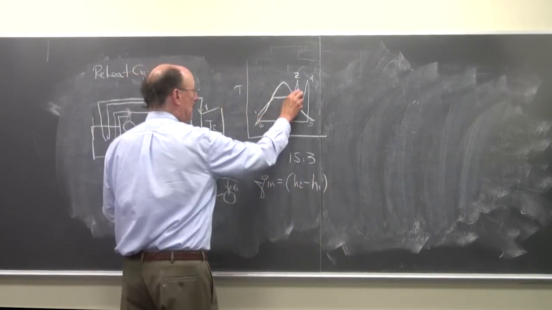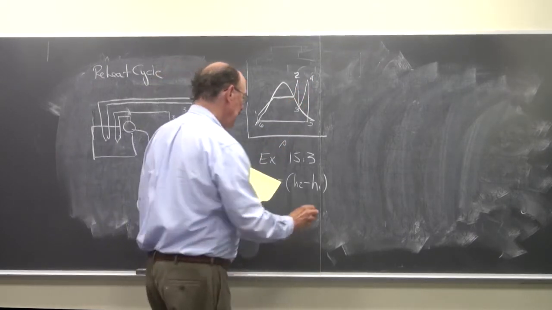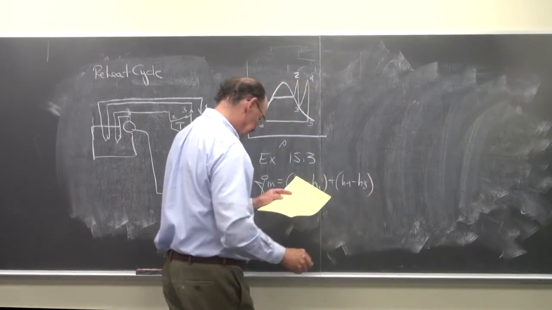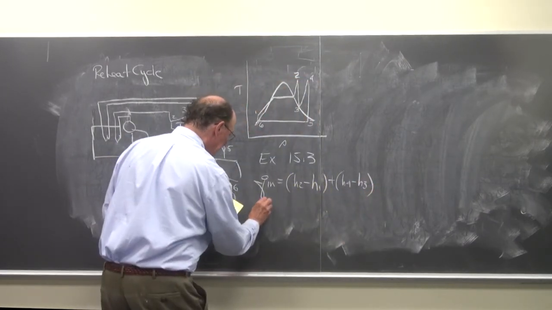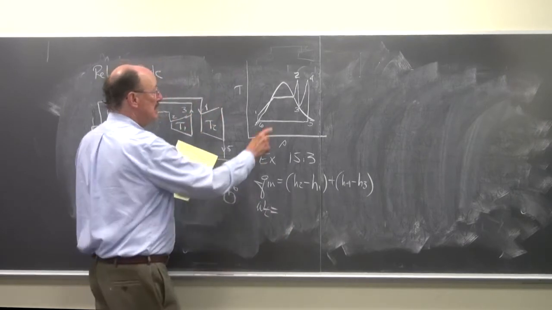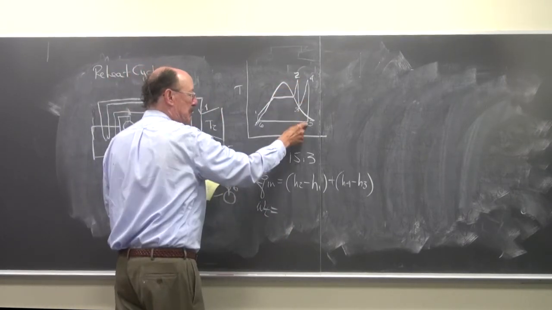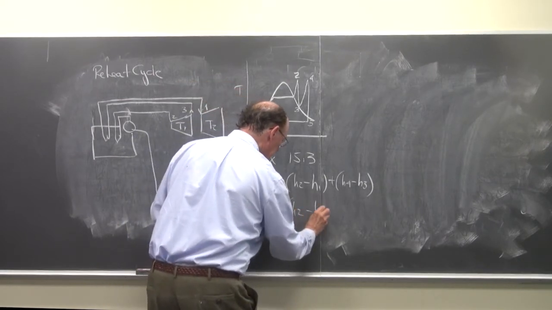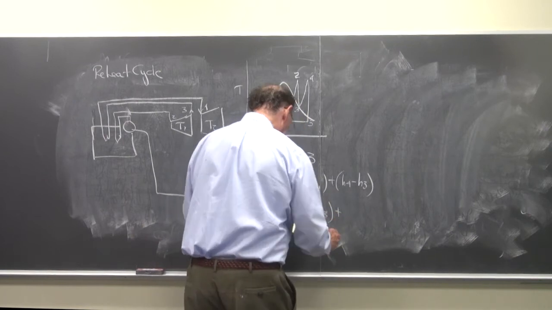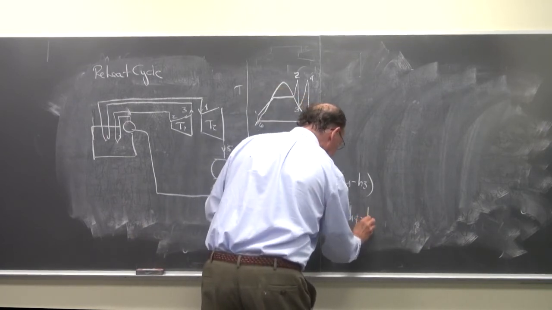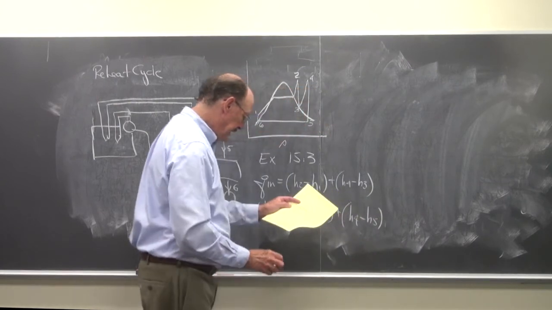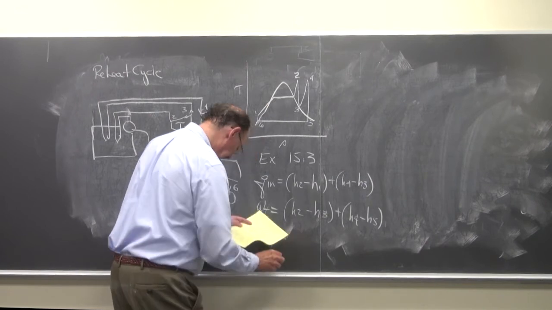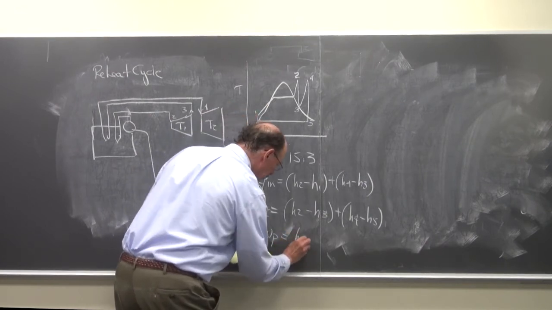So this heat plus the heat from 3 to 4, plus H4 minus H3. WT, so we have the steam expand from 2 to 3 and the steam expands from 4 to 5. WT is equal to H2 minus H3 plus H4 minus H5. And we have that WP is equal to H6 minus H1.